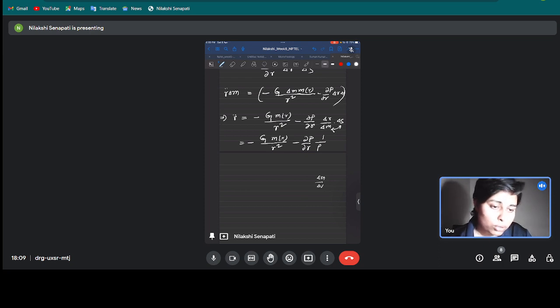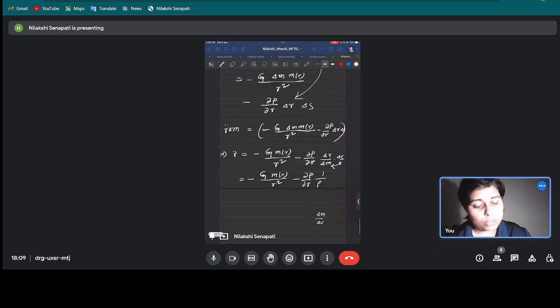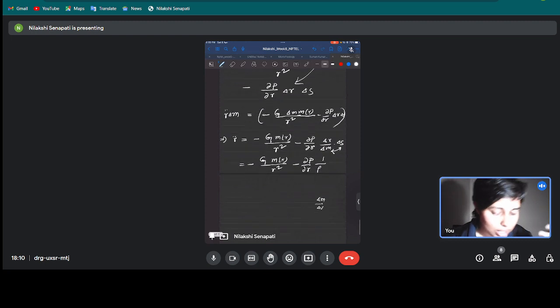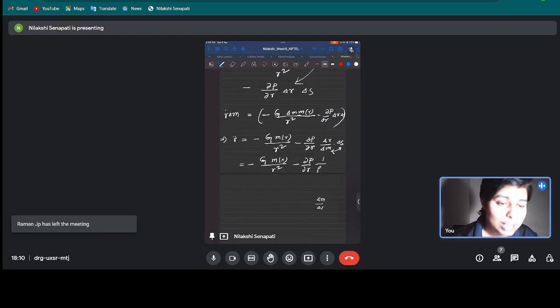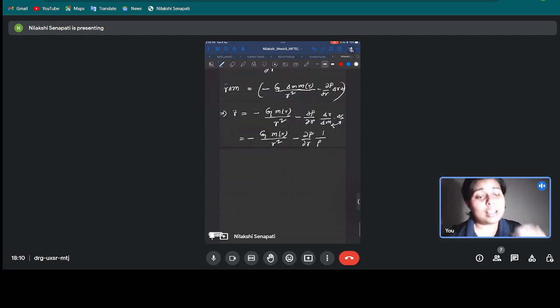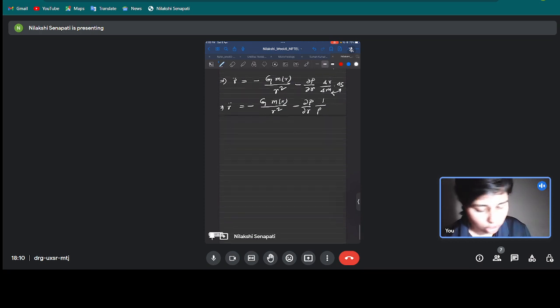Considering a 2D surface, delta m here and delta a here, though this is actually 3D itself, we are writing delta m and delta a. Then it will again be 1 by rho, and I hope you can feel that it is nothing but the density itself, the amount of mass present over that pillbox. So this is the equation we got.